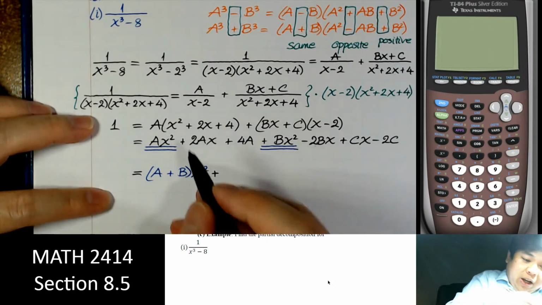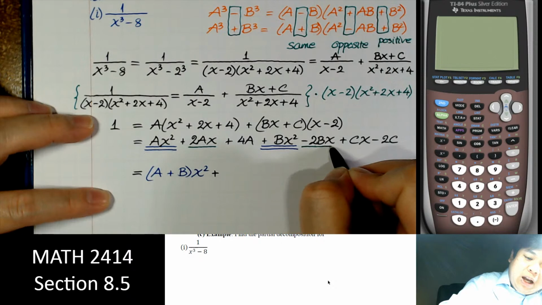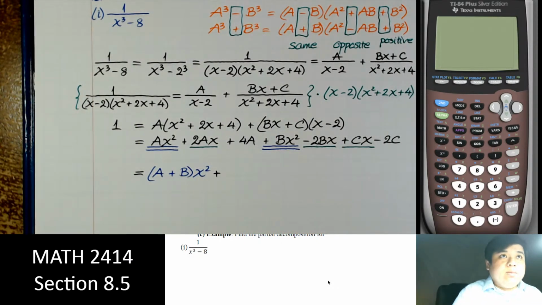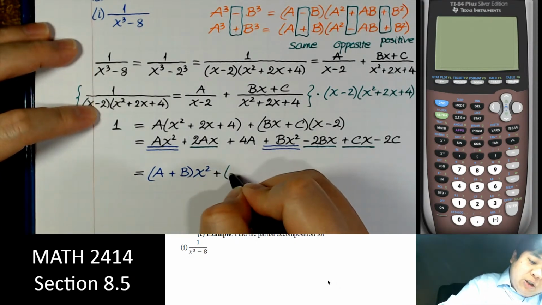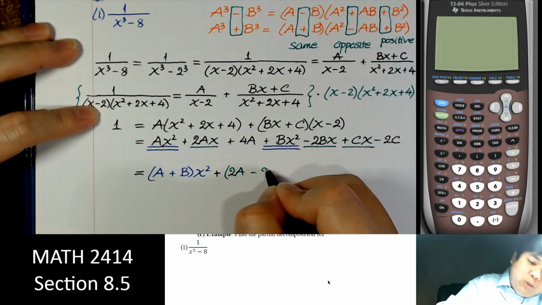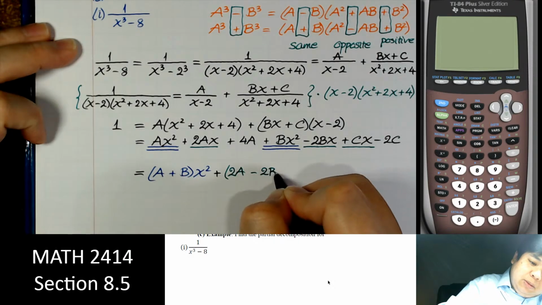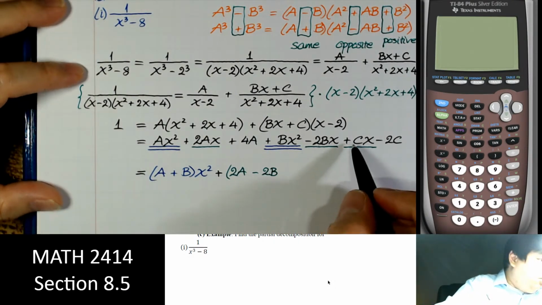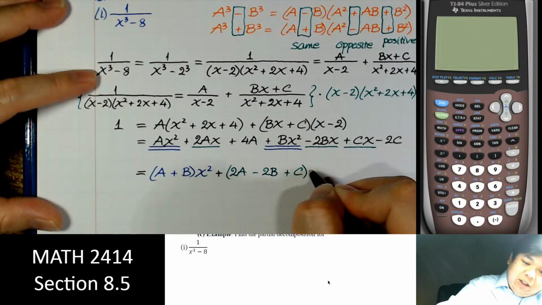Next, 2ax, there's an x there, minus 2bx, and plus cx. Once again, I'll factor out the coefficient: 2a minus 2b plus c, with an x.